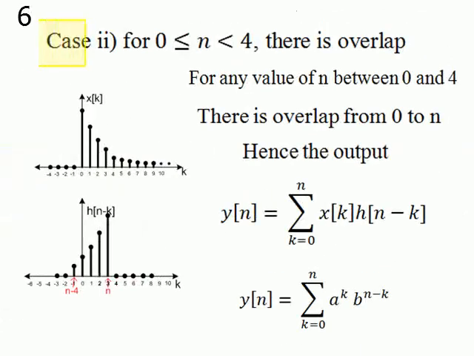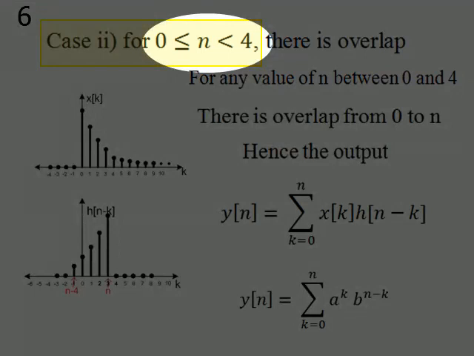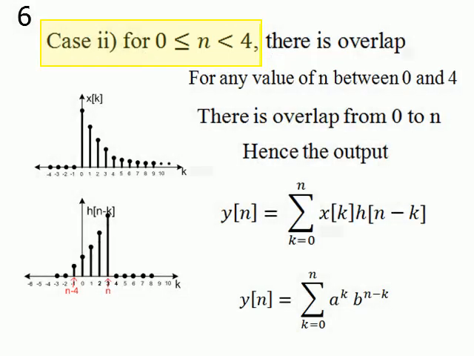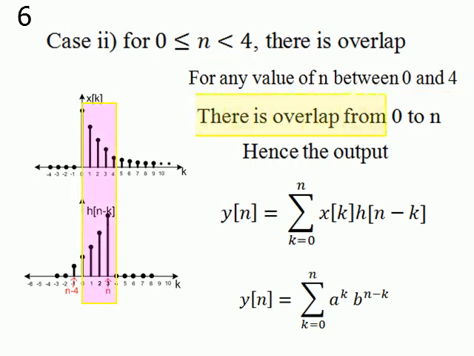Case 2 is for n in between 0 and 4. Since the length of the finite sequence is 4, we take the duration between 0 and 4. There is an overlap for any value of n between 0 and 4. There is always an overlap from 0 to n.